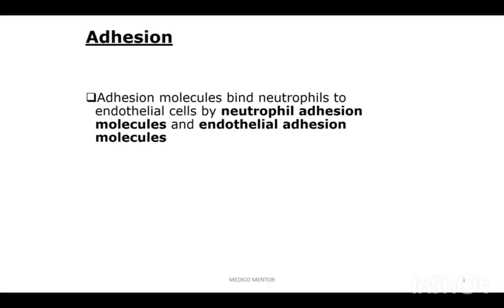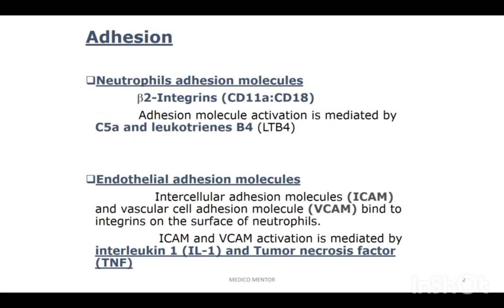The third step of cellular event of inflammation is adhesion, which occurs by the activation of the neutrophil adhesion molecules with the endothelial adhesion molecules. Now, unlike the process of rolling, the adhesion molecules have a longer period of interaction amongst each other.